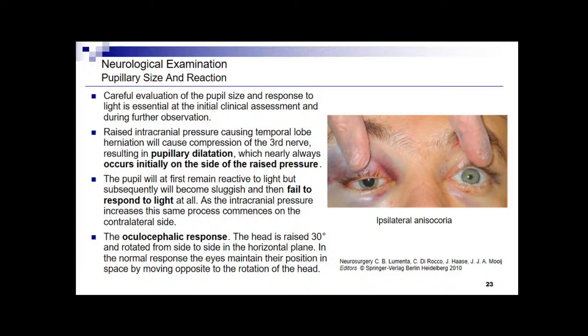In the normal response, the eyes maintain their position in space by moving opposite to the rotation of the head. If the patient has compromised intracranial pressure, his gaze will be fixed and his eyes will rotate together with his head from left to right, from right to left. This is a sign of raised intracranial pressure.